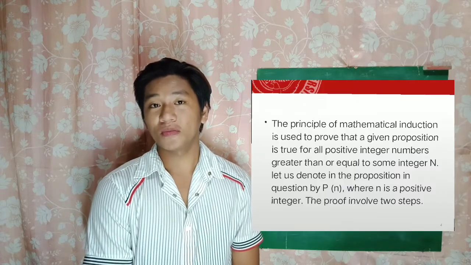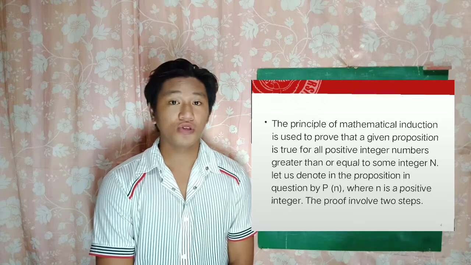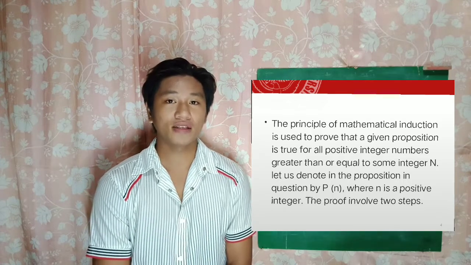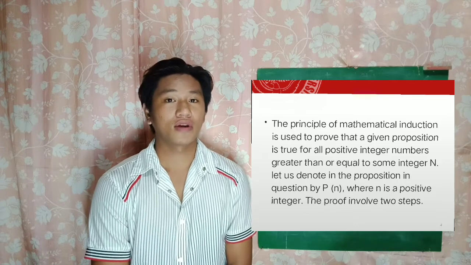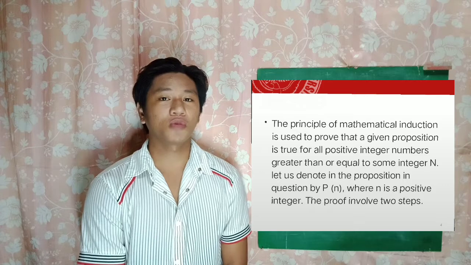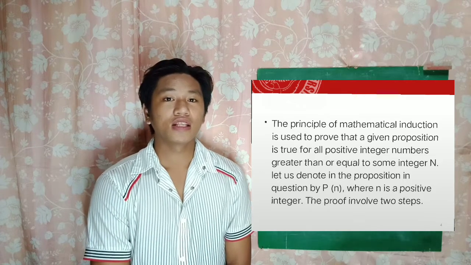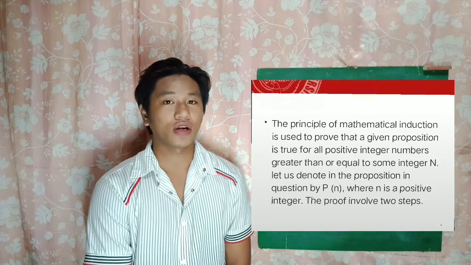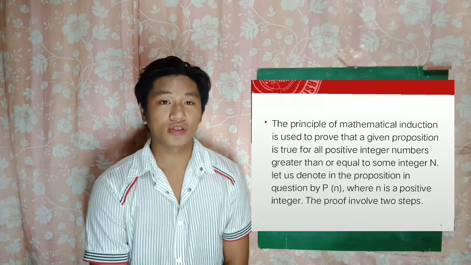The principle of mathematical induction is used to prove that a given proposition is true for all positive integer numbers greater than or equal to some integer n. Let us denote the proposition in question by P of n, where n is the positive integer. The proof involves two steps.